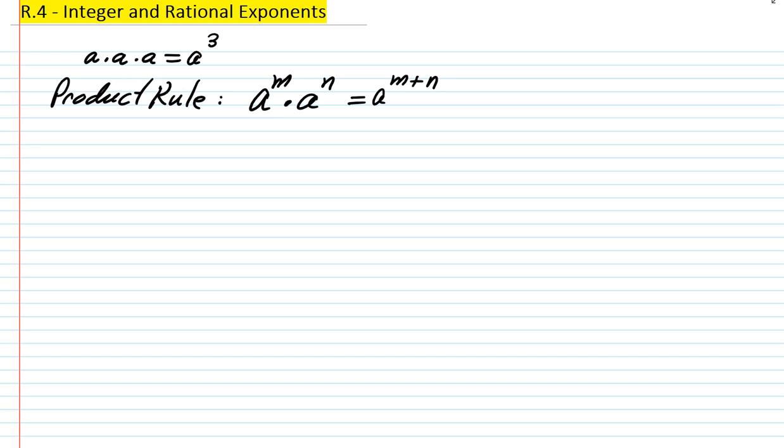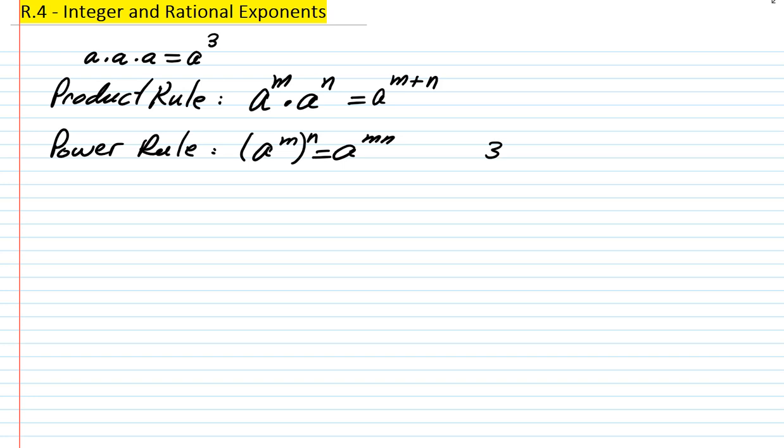The other property that we're going to look at is the power rule for exponents. The power rule goes like this: a to the m, to the nth power, is a to the product of m and n.